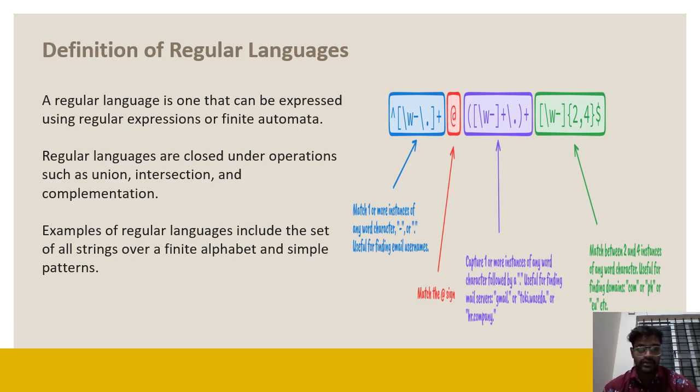Examples of regular languages include the set of all strings over a finite alphabet and simple patterns. And the first definition is regular languages, which can be expressed using regular expressions or finite automata. This matches one, this captures one or more instances, and matches between 2 and 4 instances here.